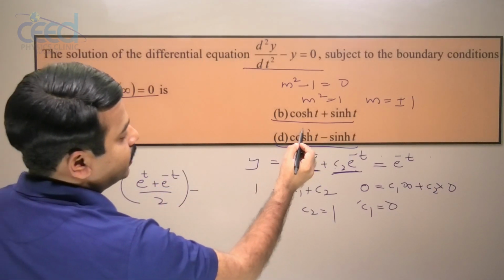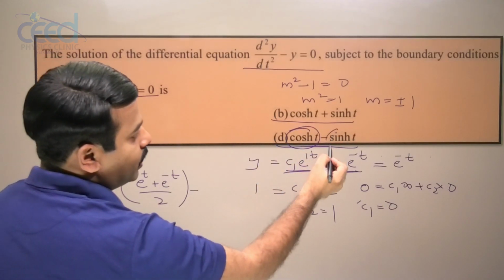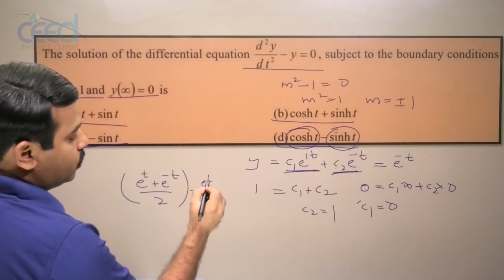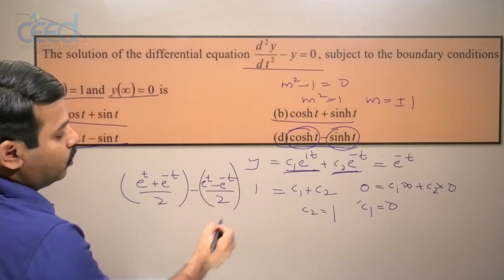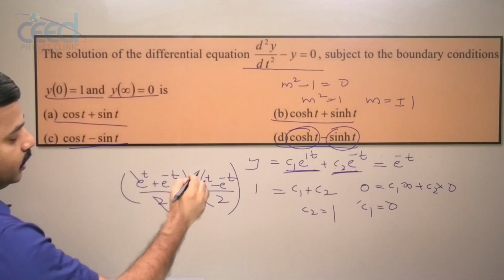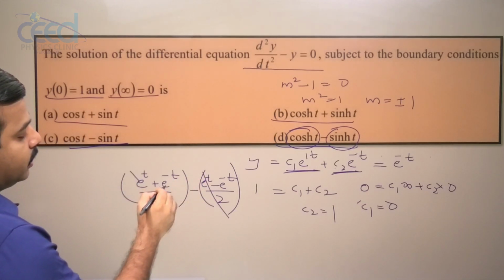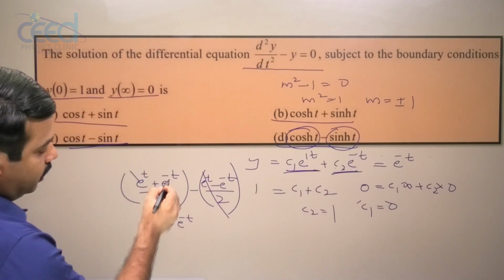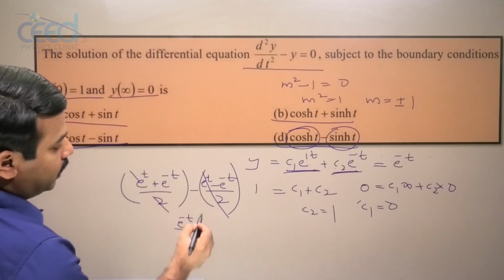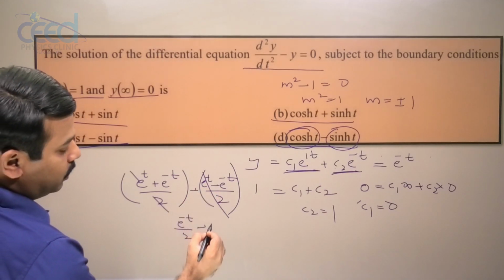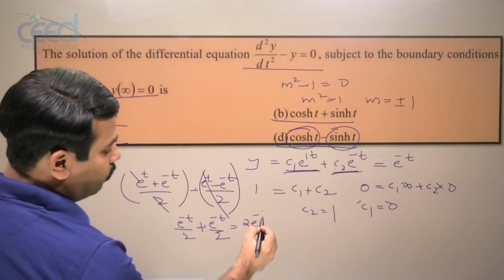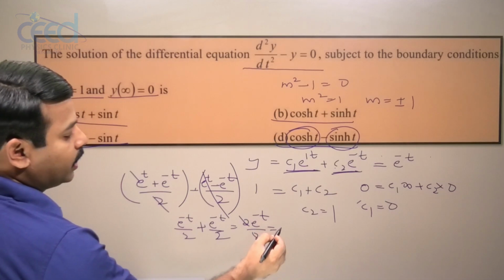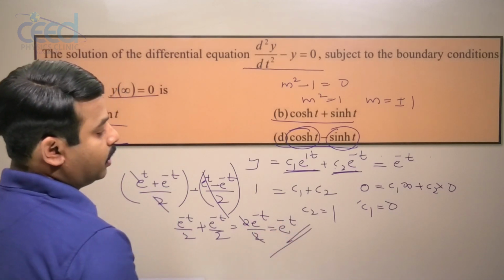Minus what is sinh t? And what is sinh t? That is e raised to t minus e raised to minus t divided by 2, right? Now this cancels, minus minus. This is e raised to minus t here by 2, minus of minus is plus, that means again e raised to minus t by 2, that is 2 e raised to minus t divided by 2, 2 cancels, e raised to minus t, right?